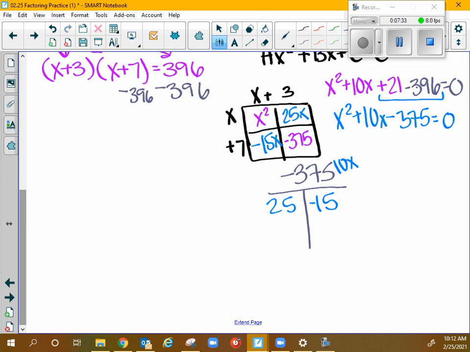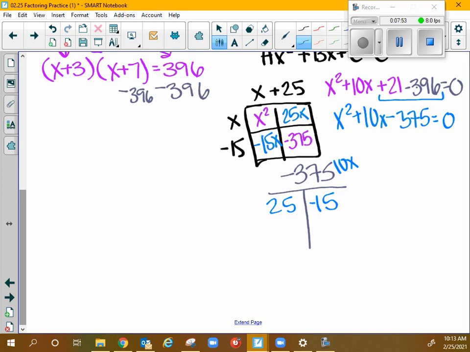Sorry, I reused my area model. There we go. So now I need to factor. What are my first two factors? Obviously, x and x. What is this one? 25. And this one? 15.